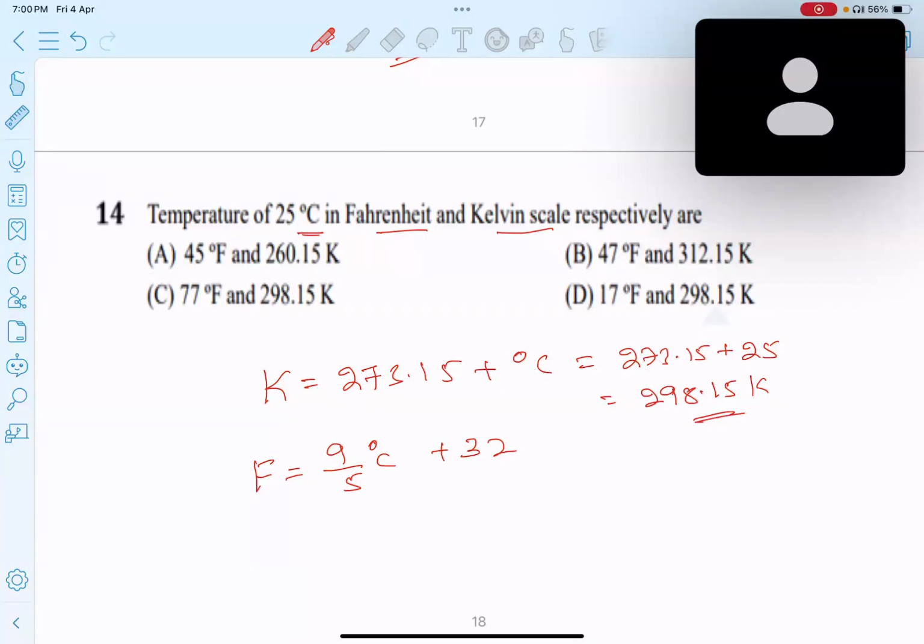Next, let us calculate degree Fahrenheit. 9 by 5 into 25 plus 32, the answer is 77 degrees Fahrenheit. The correct option is 77 degrees Fahrenheit and 298.15 Kelvin. The correct option is C.